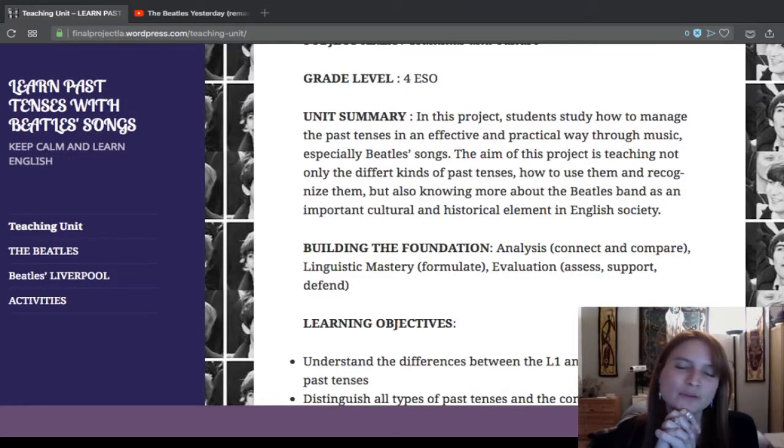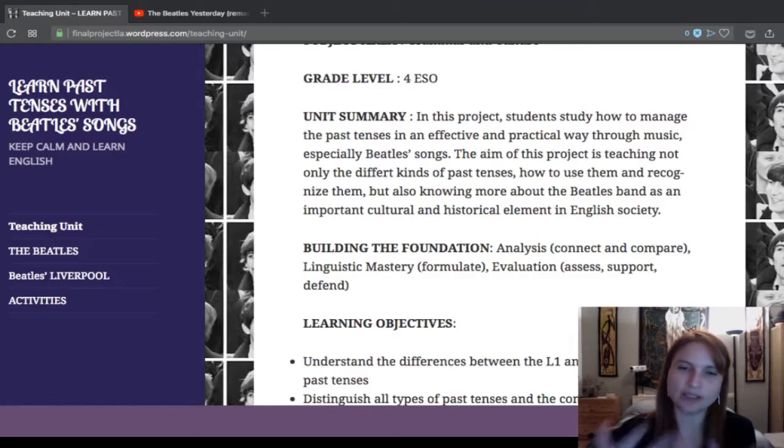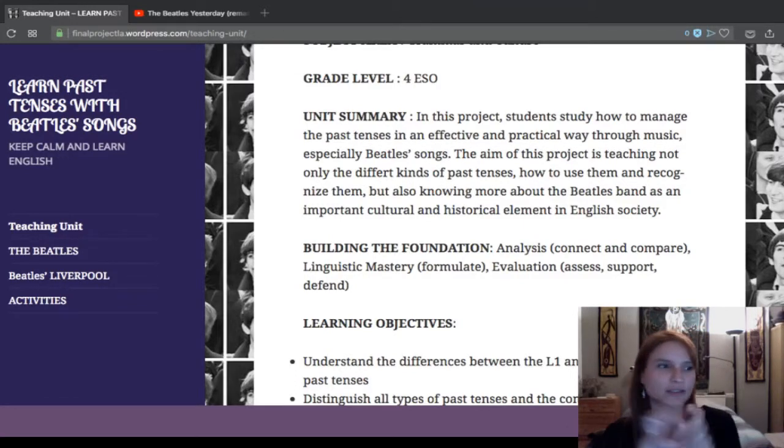Through music, the human brain can easily memorize a lot of new vocabulary and find an easy path for remembering how to use grammatical tools such as the past tenses.